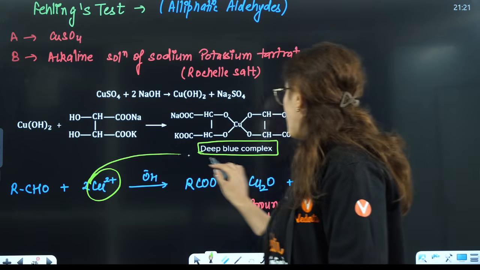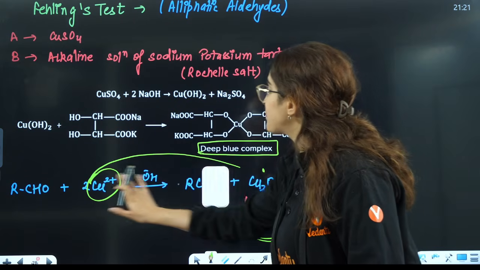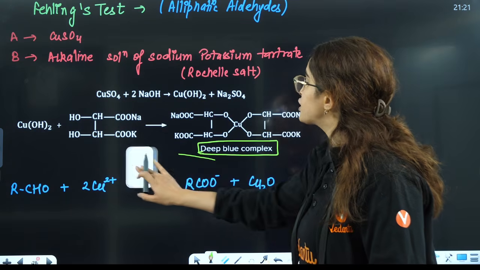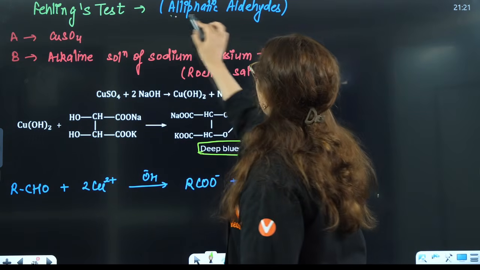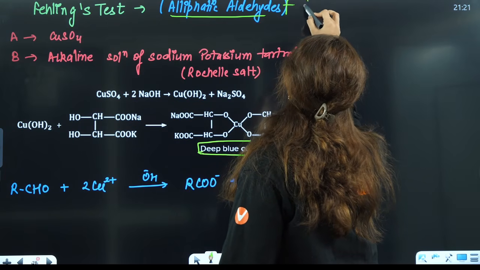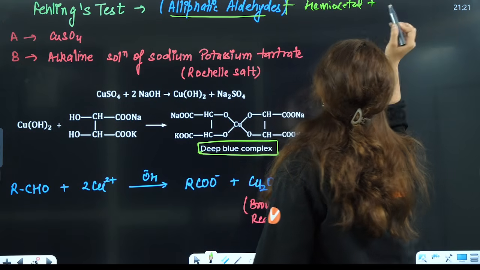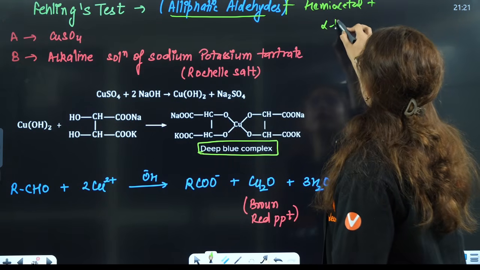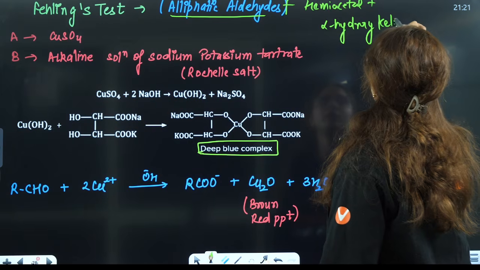This will be converted to a reddish brown precipitate if there is presence of an aldehyde. Which will give this test? Only the aliphatic aldehydes, plus all these things: you can say hemiacetal, plus you can say alpha hydroxy ketone, right?